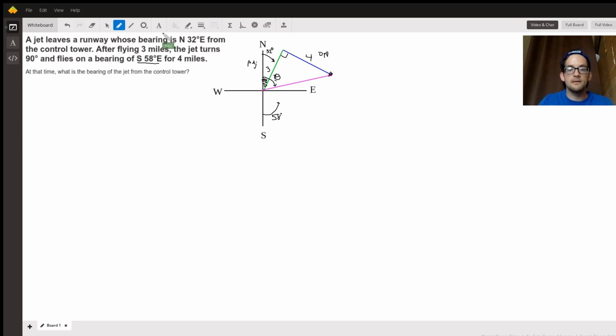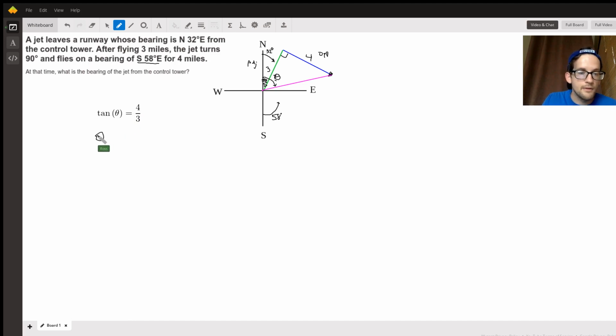So I could write the tangent of theta is equal to 4 over 3. Now I know that, but I want to know what theta is. To solve for that, we have to use the inverse tangent, or the arctan.